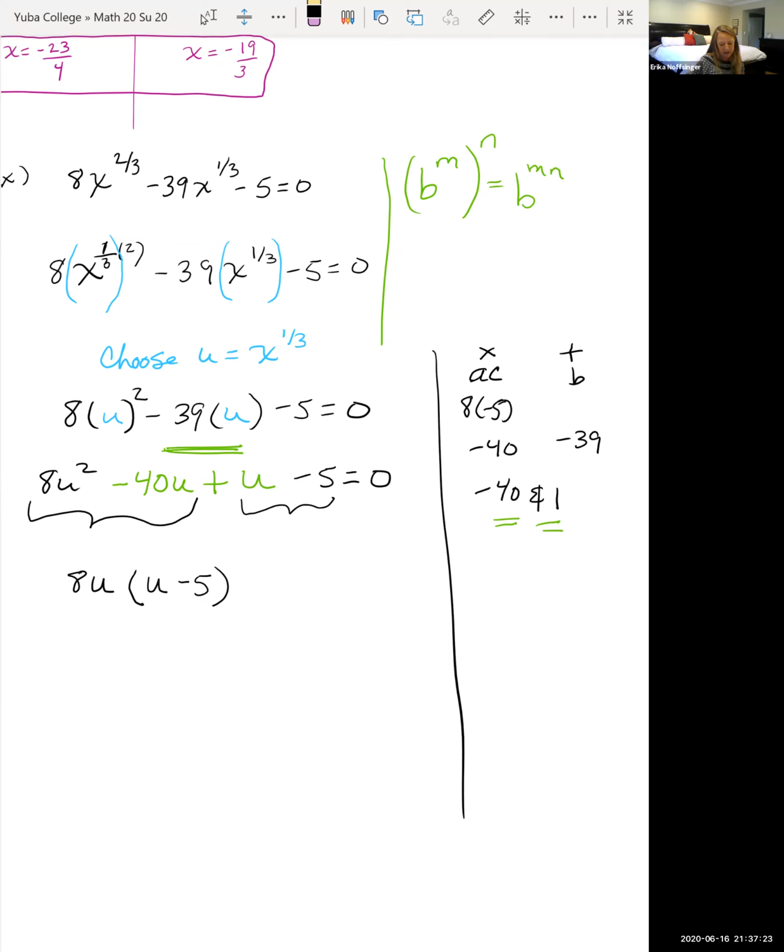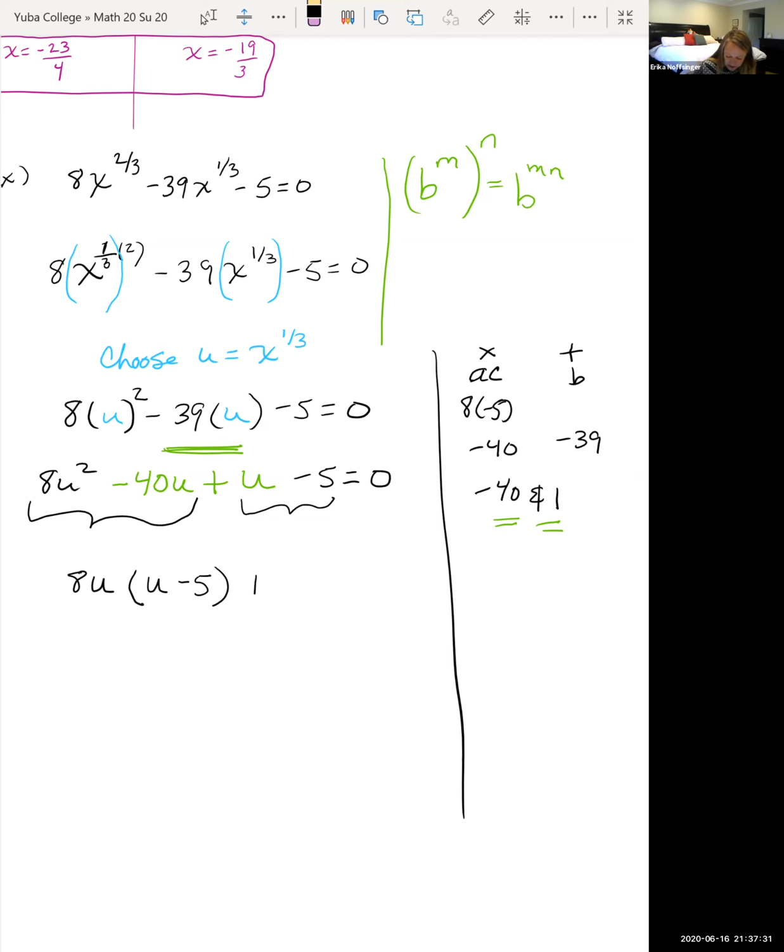So I notice u and -5 don't have anything in common, but I also notice it's the same thing I have in parentheses here. Let's think of it as factoring out a 1, and it helps some people to see the 1 there. So it keeps what we have the same: u minus 5 equals 0.